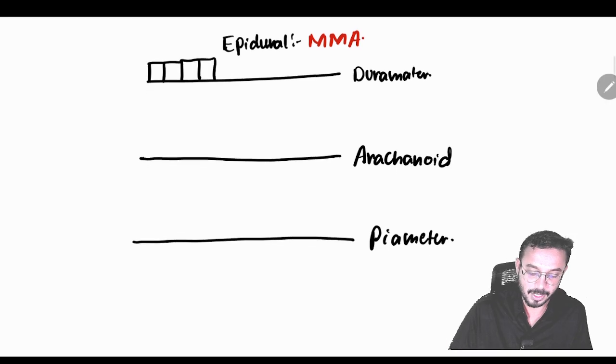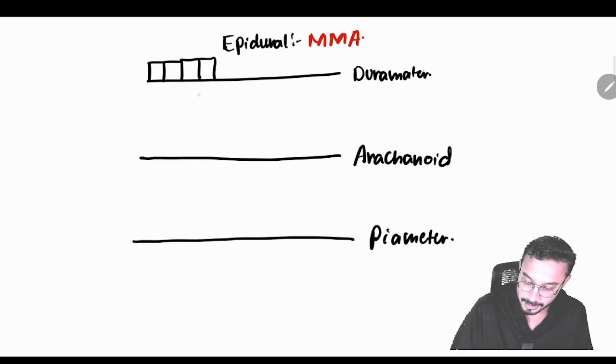If the bleeding occurs below the dura mater, that is subdural. The bleeding that occurs below the dura mater is known as subdural hematoma, that is SDH.